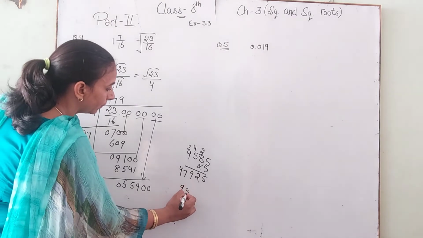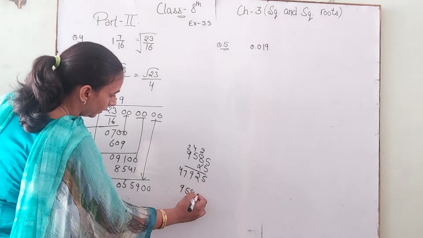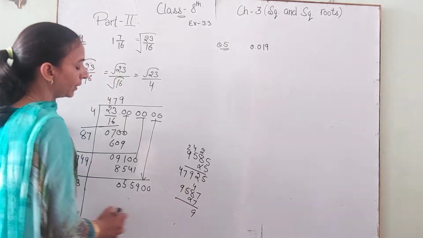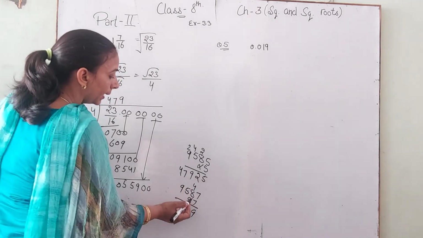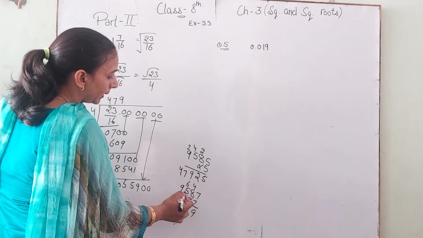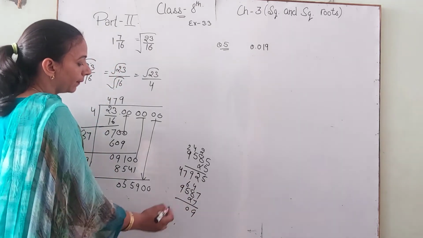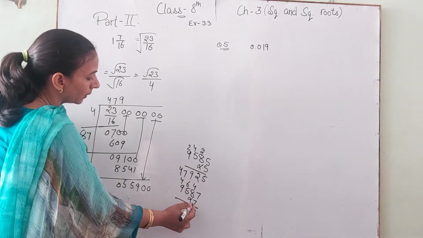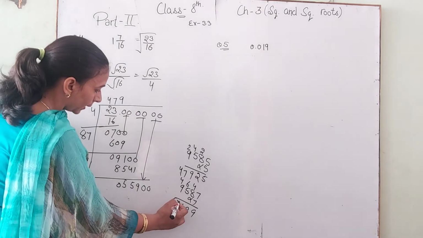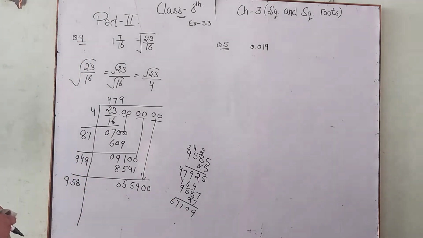Again check 9, 5, 8 with 7: 7 sevens are 49, then 4, 8, 7 sevens are 56, 60, then 6, 7, 5 fives are 35, 41, then 4, 9, 7 sevens are 63 and 4, 67. This is greater.